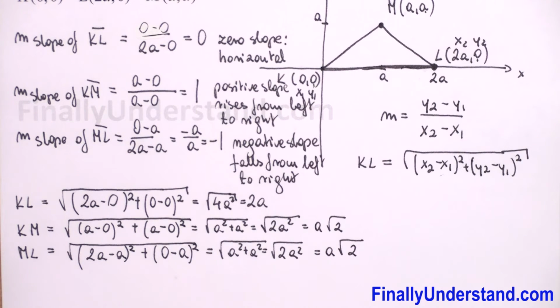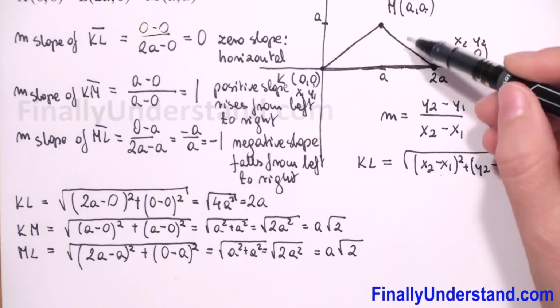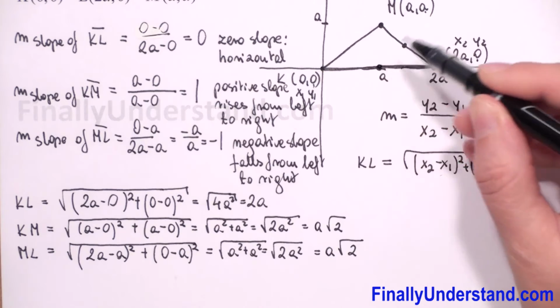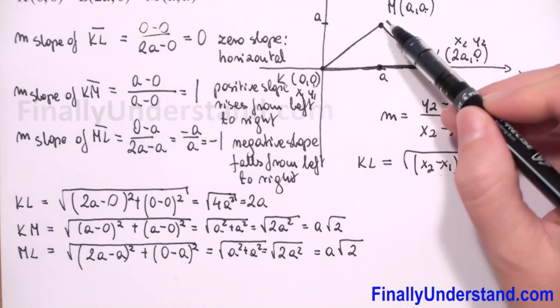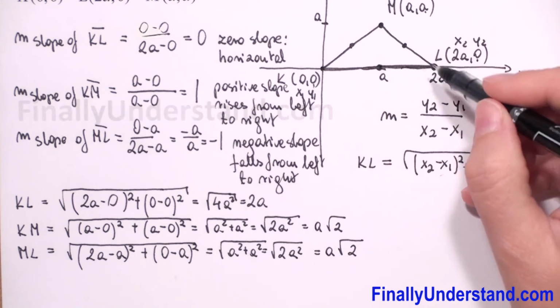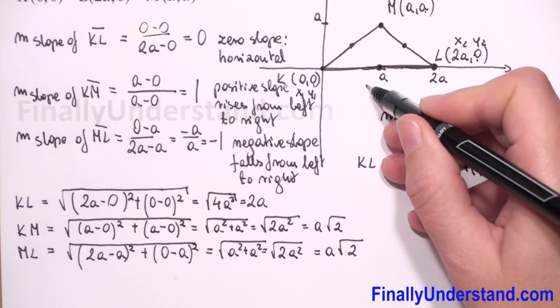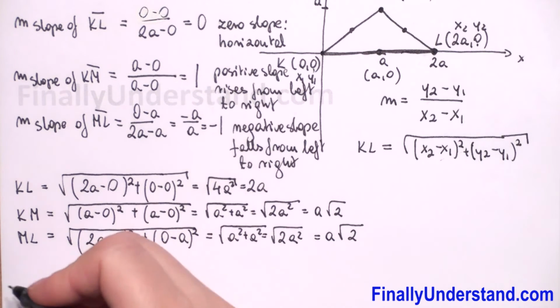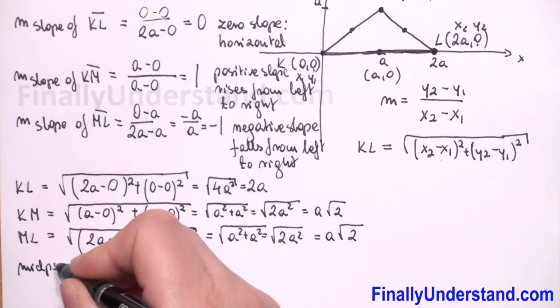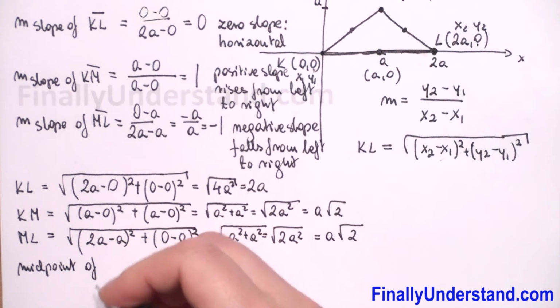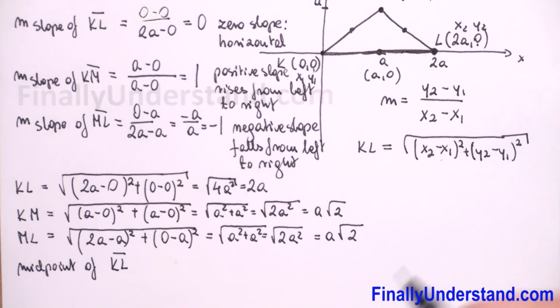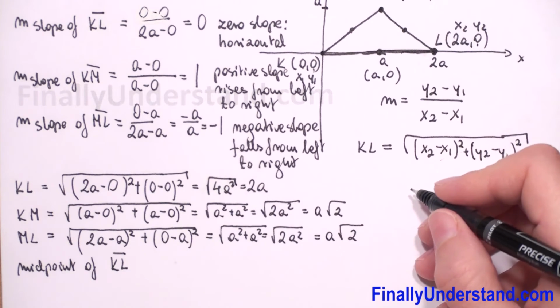Next we have to find the coordinates of each midpoint. So we have to find midpoint of ML, segment KL, and KM. Of course, KL will be a, 0. So next we will find the midpoint first of KL segment, and let me remind you formula for the midpoint.